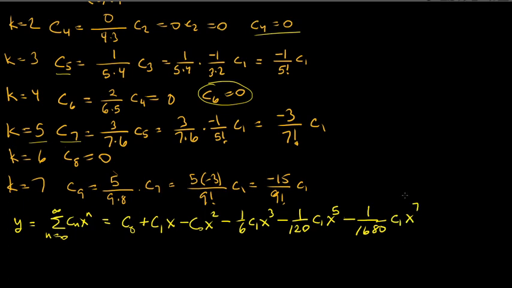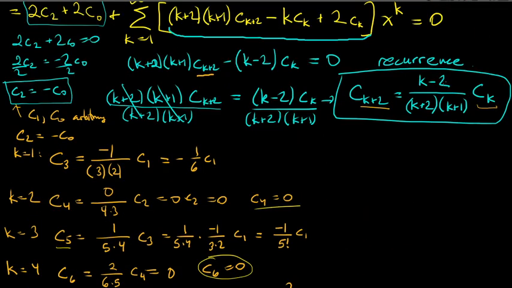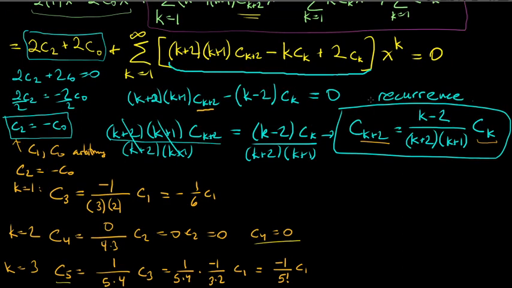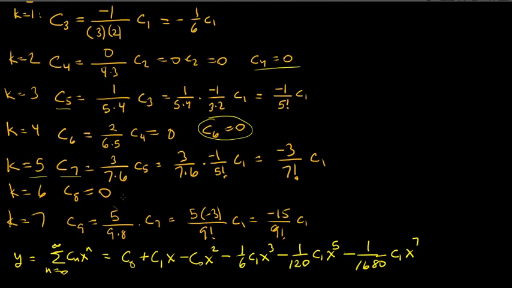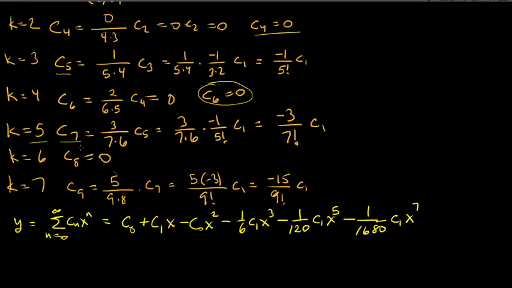And that's not what the book got. I think the book got half of this. Am I missing a 2 here? No, this 2 was k minus 2, so that's right. So this is C7. Let me make sure I did C7 correctly.